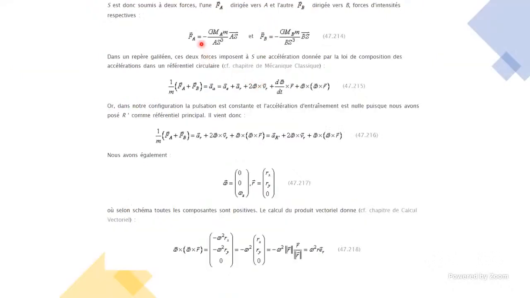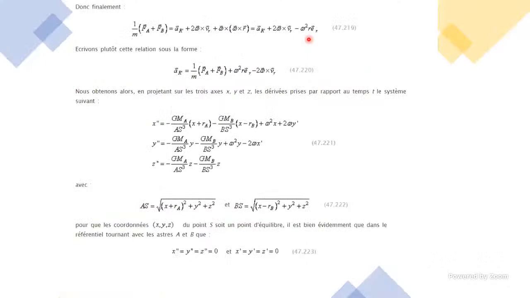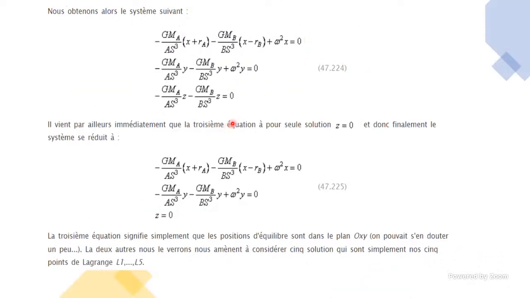So we have the gravitational Newton's law, and from both cases, from the Earth and the Sun, neglecting all the planets, after a very short calculation, we end up with three equations that show the location of the Lagrangian points. We have x as a variable, y as a variable, and z as 0.